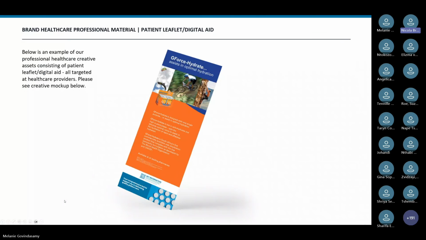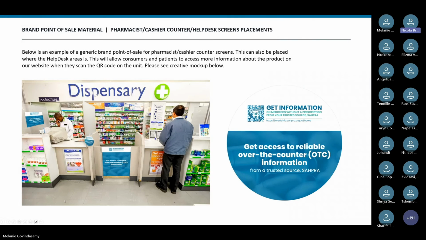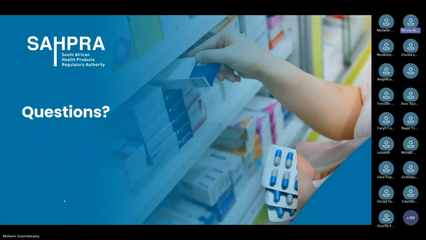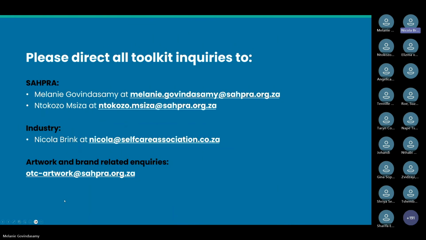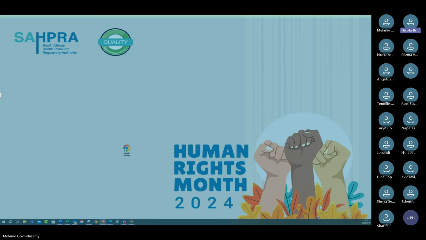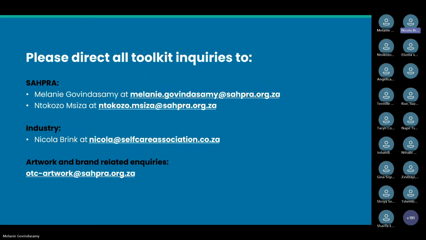You are already going to the consumer on your products. You're telling them about your products. You're also going to the healthcare professionals. So there's nothing stopping you from asking the healthcare professional to tell the consumer. That's the whole purpose: please help us help you to get the consumer to be aware of this.